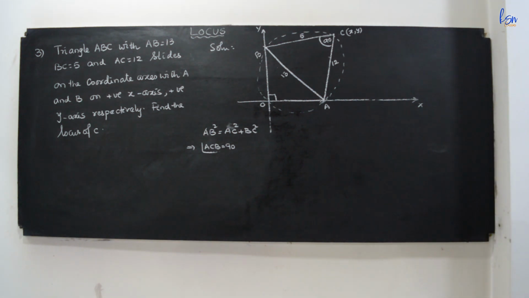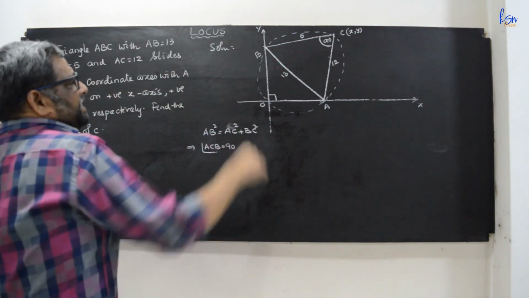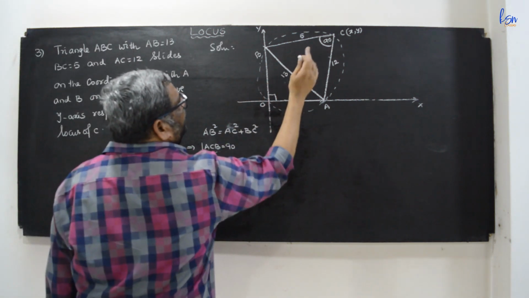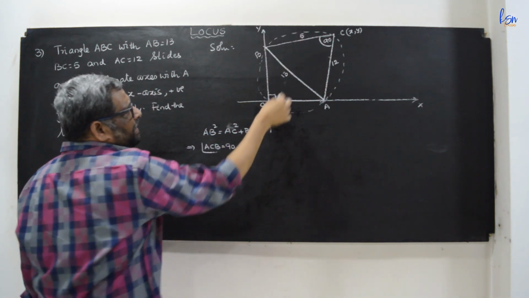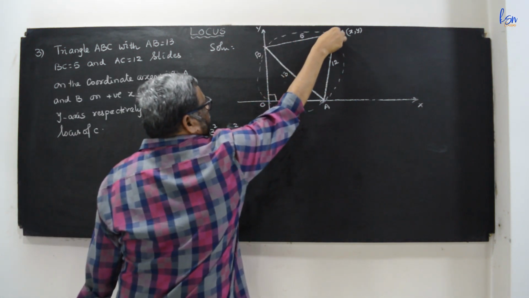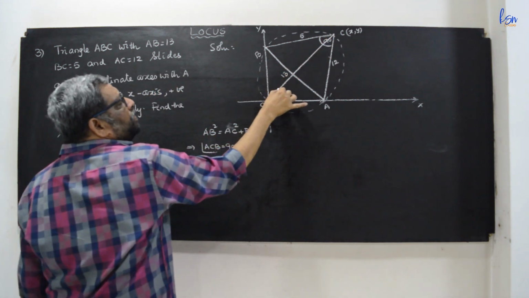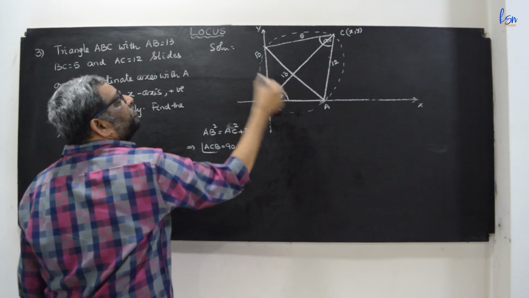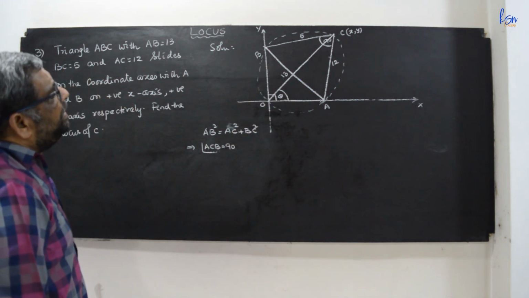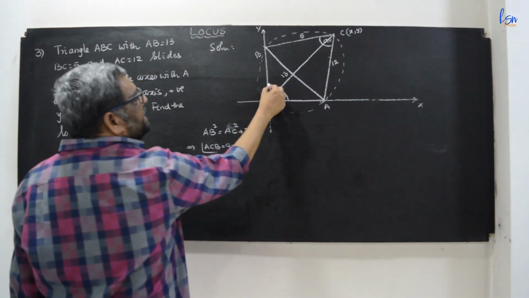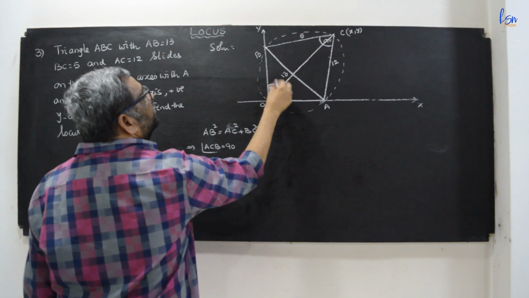So you prepare a circle like this. Now here, this is 13 and this is 90, 5 and 12, everything is given. Now you join these two. Suppose that this is theta. Now here, if it is theta, this is 90 minus theta.